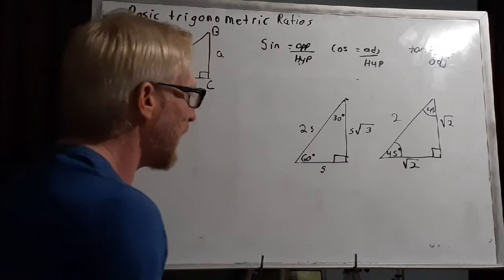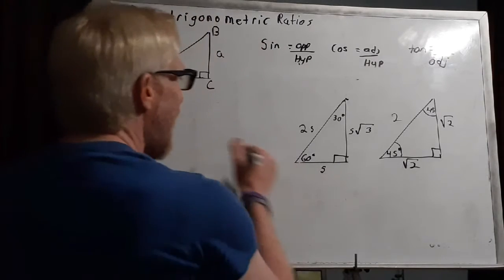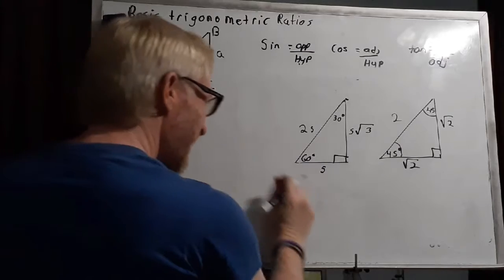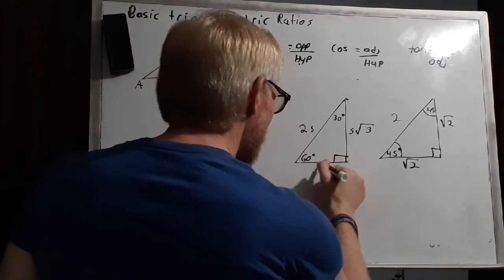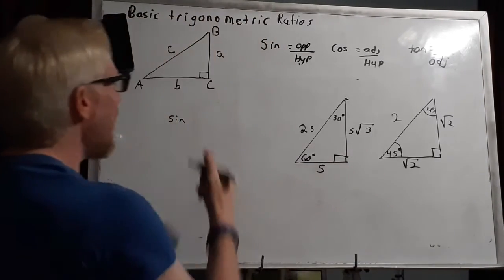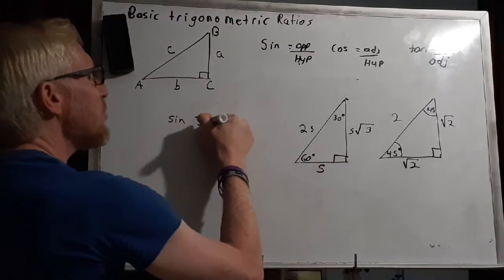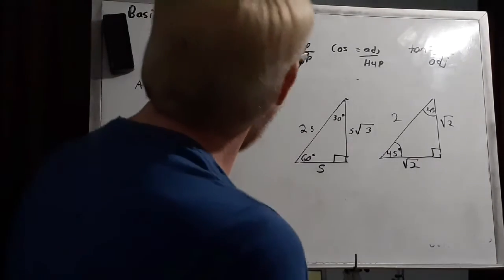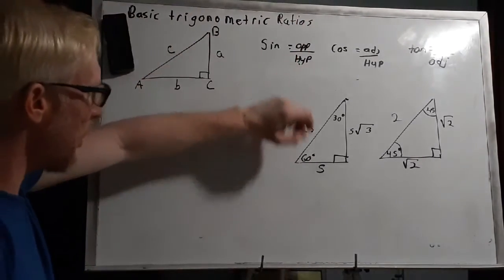Let's say I want to find the sine of 30 degrees. Now remember that sine is opposite over hypotenuse.